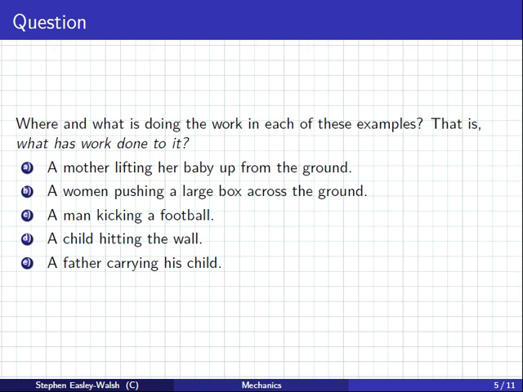A child hitting the wall, so the force is obviously in his hand, but what's the distance? No, there's still a distance. It's just hard to see and it's quite small. So the distance is the compression of the hand when he hits the wall. A father carrying his child.